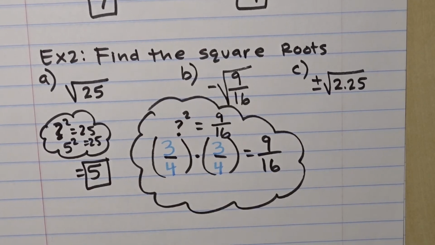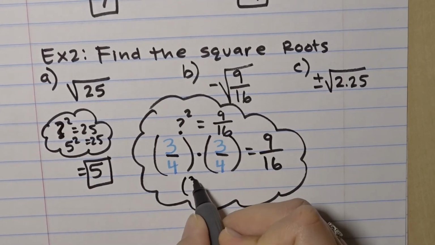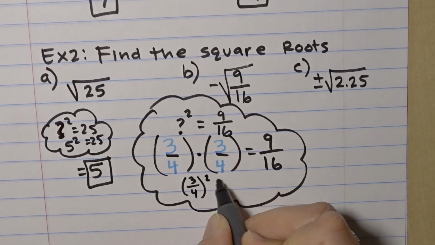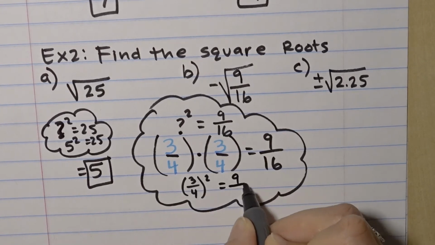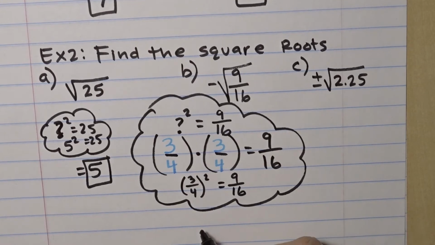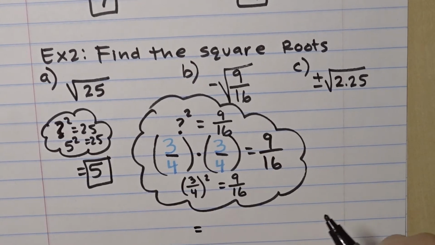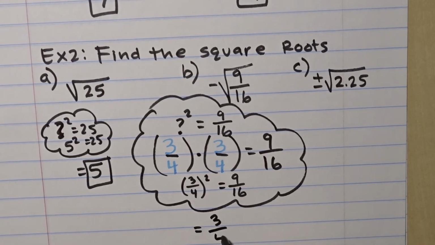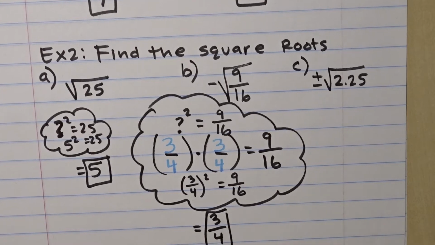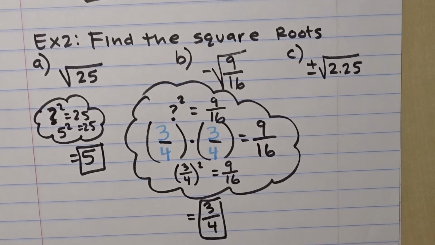So therefore, I can say that 3 over 4 to the second power equals 9 over 16. So then what number to the second power is 9 over 16? 3 over 4. That's the number, when you multiply it by itself, gives you 9 over 16. Okay, simple concept is still there.